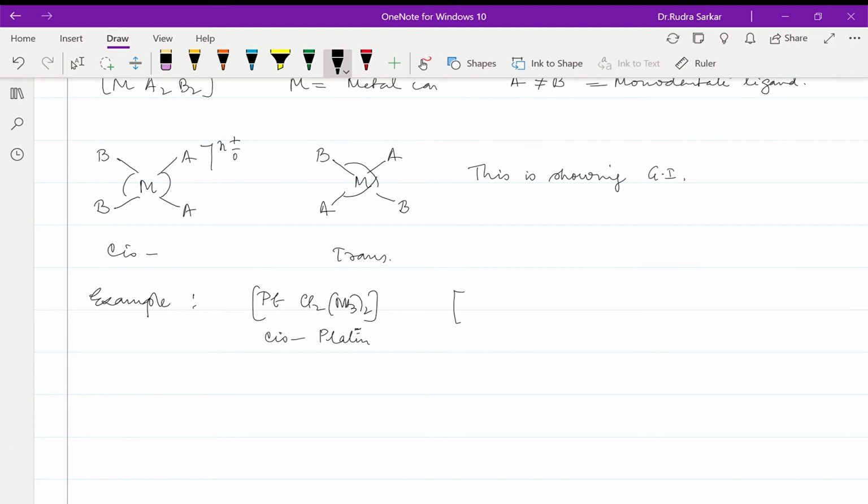Now it has been replaced with carboplatin, etc. So the other one can be transplatin. Whenever we say transplatin, the angle between the Cl, PtCl will be 180. Whenever we are saying cisplatin, the angle between Cl, PtCl will be 90 degree. Okay.